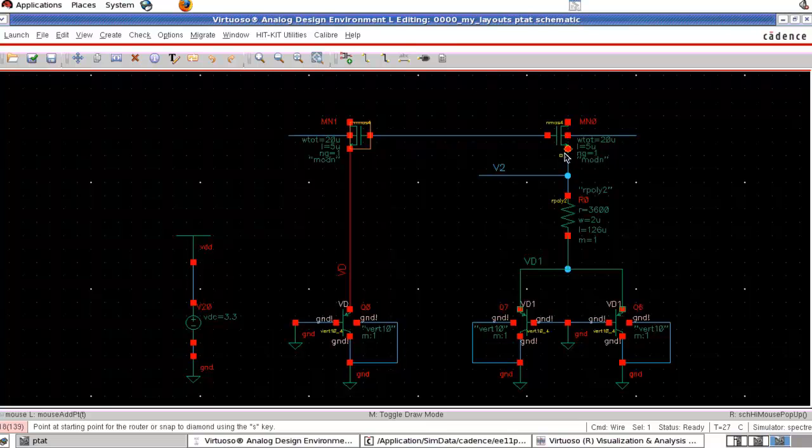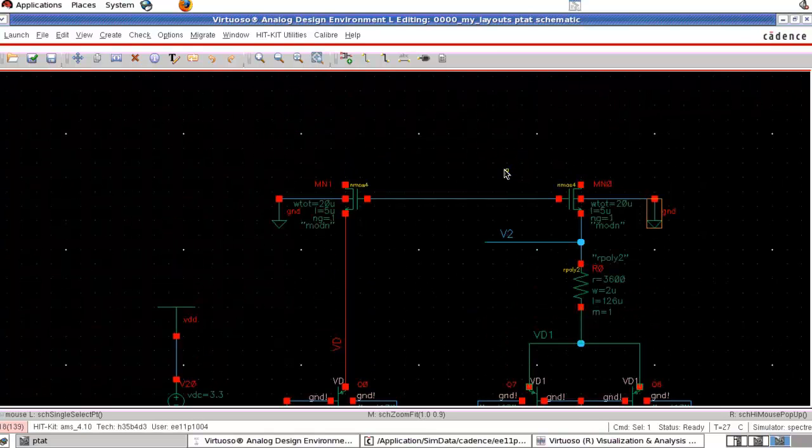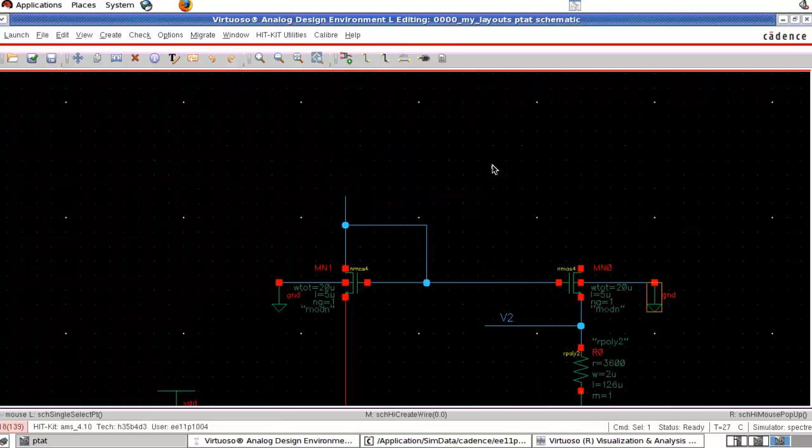Body is grounded. And now I need PMOS also to complete the current mirror. So the NMOS part is over. To complete the current mirror, I need PMOS also.